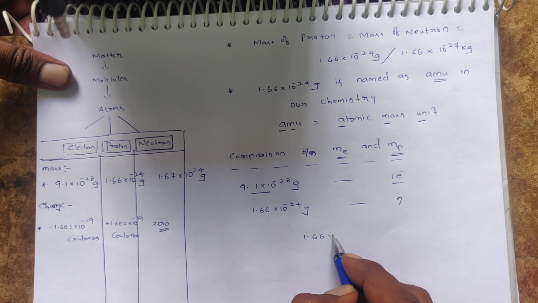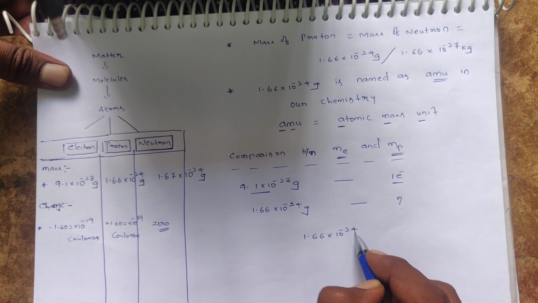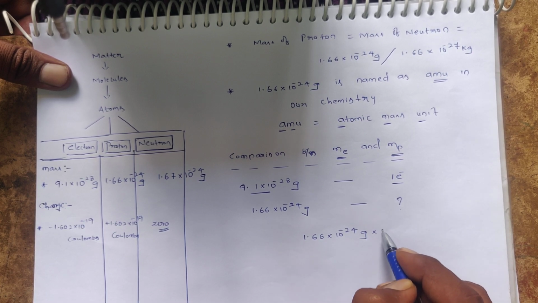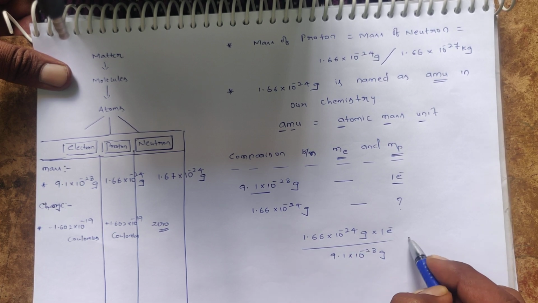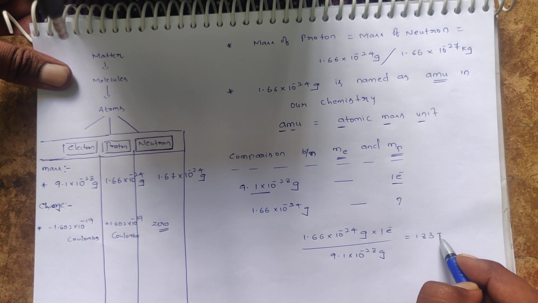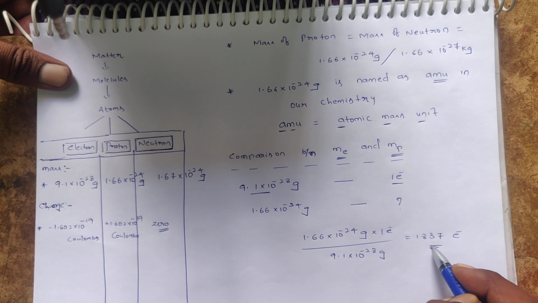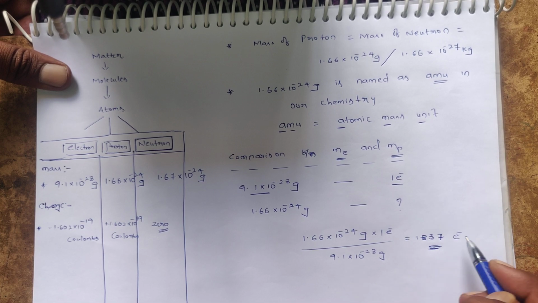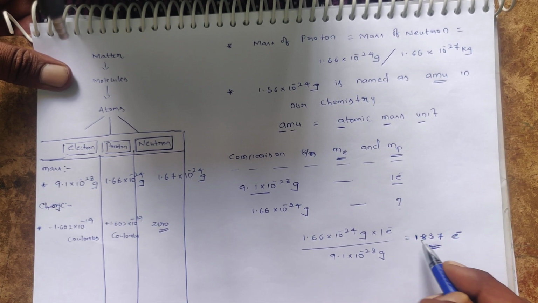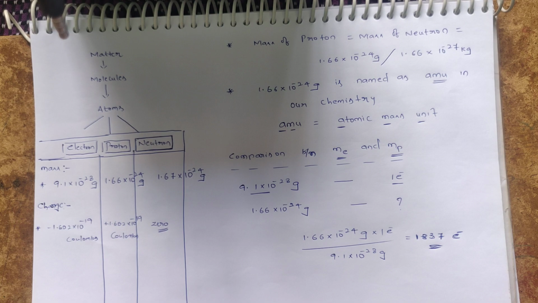On cross multiplication, here we will get this value, that is 1837 electrons approximately. These many electrons' mass is equal to 1 proton. So if you take 1837 electrons, then their mass is equal to 1 proton.